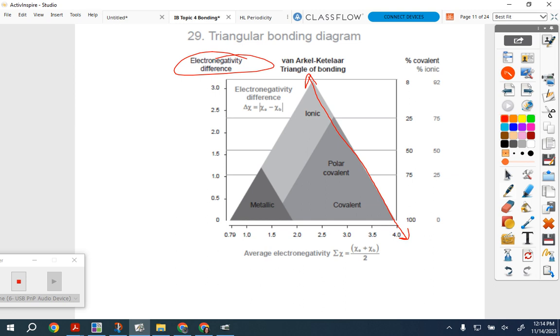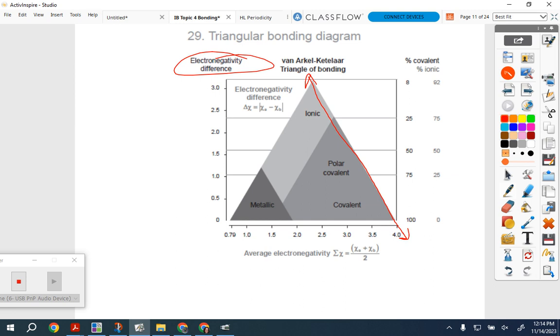All the way on the other end, if we have no electronegativity difference between them, say they're both nitrogens, then we have a non-polar covalent bond where the electrons are shared equally. And then we set cutoffs: if it's more than 1.8 electronegativity difference, then it's probably ionic.